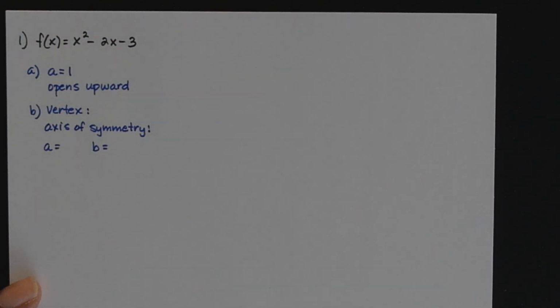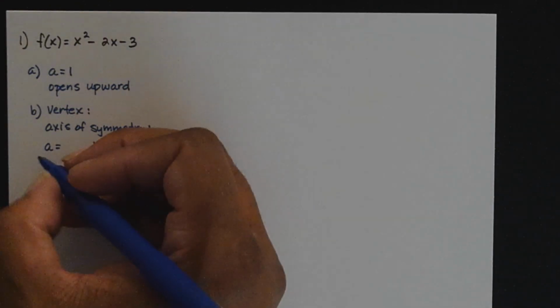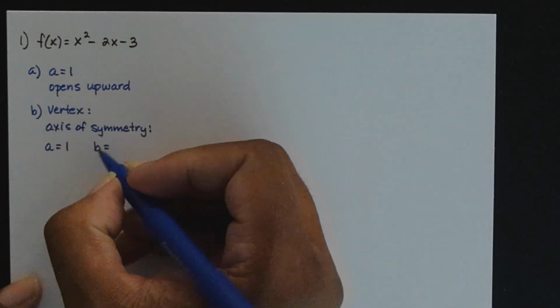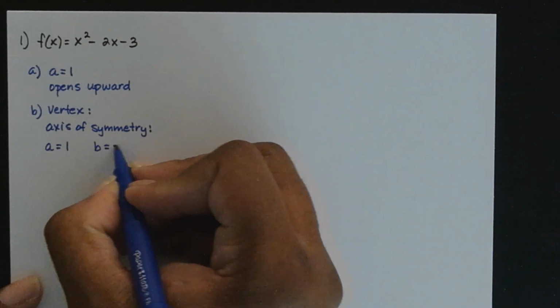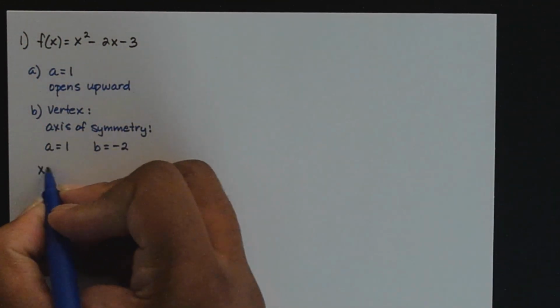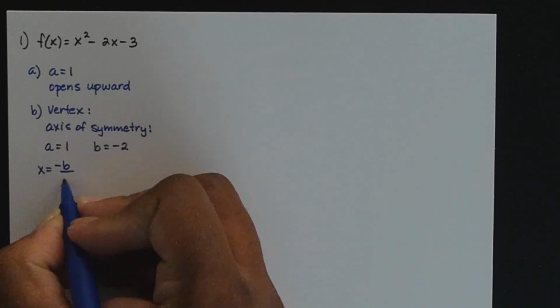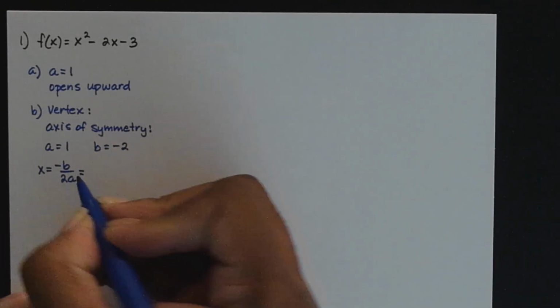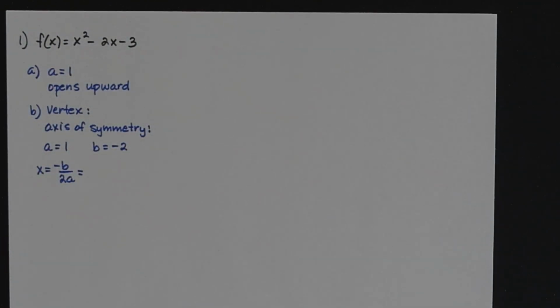So the coefficient of your x squared term is 1. What's the coefficient of B? Negative 2. And then we use x equals negative b over 2a.